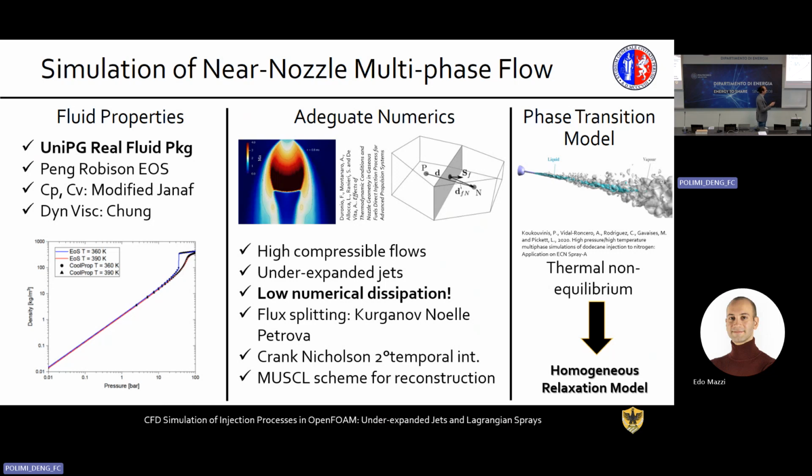I didn't mention it to go fast, but within the real fluid property package, there is, further than the Peng-Robinson equation of state, the Chung relation for the dynamic viscosity, and a modified Jánov relation for Cp and Cv, which takes into account the dependency of the specific heats not only on temperature, but also on pressure. So this is a combination of these. Thank you. You're welcome.